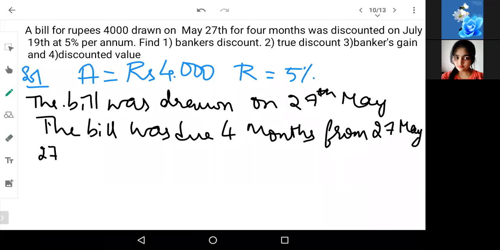27th May means, in May, how many days do we have? 31. 31 minus 26, that will be 5 days in May. Then June, you will have 30 days.